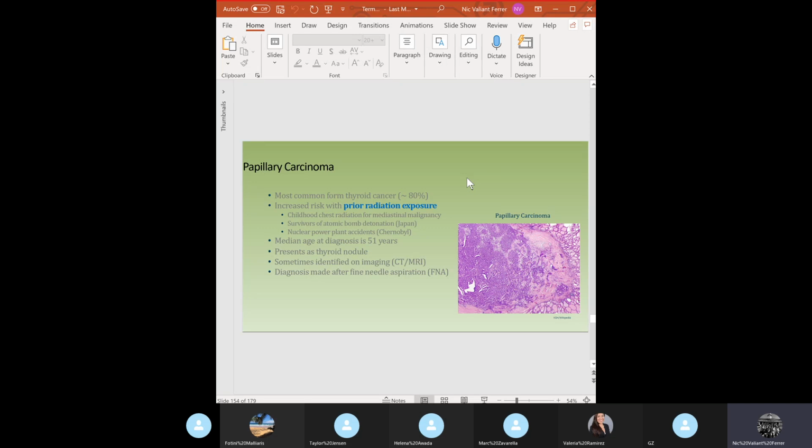Think about the survivors of the atomic bomb detonation in Japan. Think about the Chernobyl nuclear power accident in the USSR, the Soviet Union. Sometimes it is identified on imaging and diagnosis is made after fine needle aspiration.